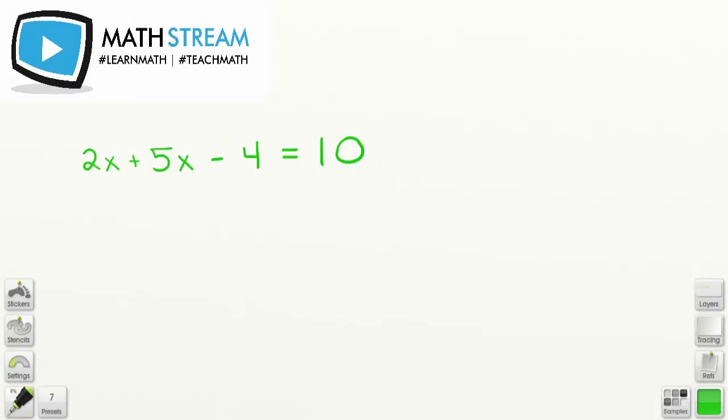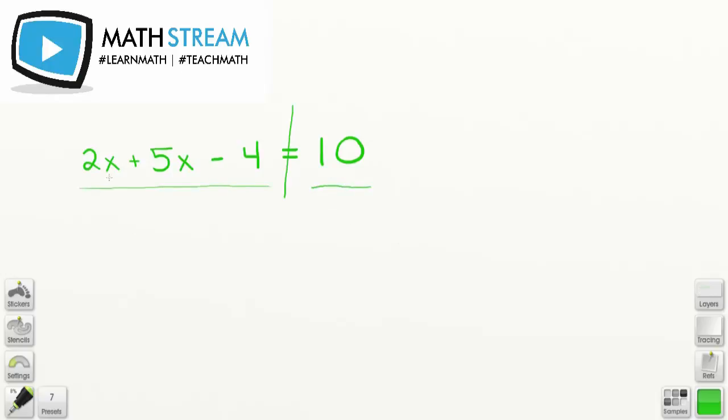We have the equation 2x plus 5x minus 4 equals 10. And I want us to think about the equal sign as being the center of balance here. So everything on the left is equal in weight, or however you want to think about it, to what's going on the right.